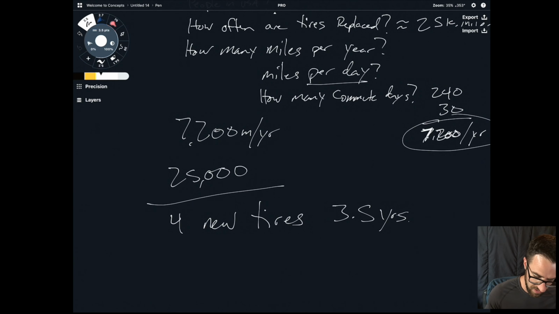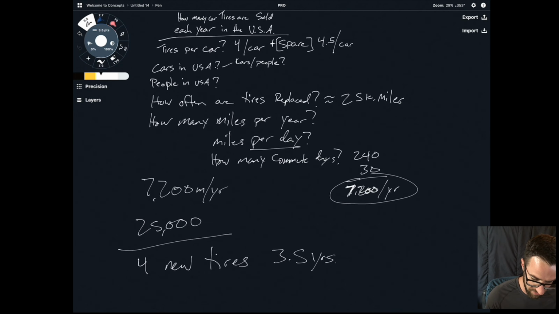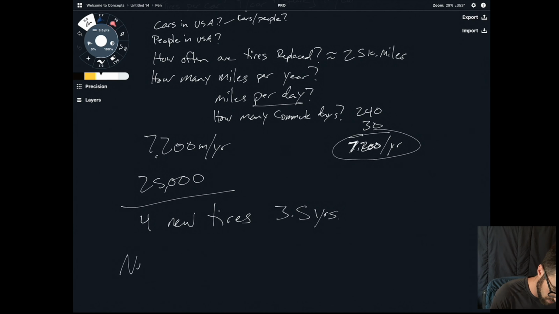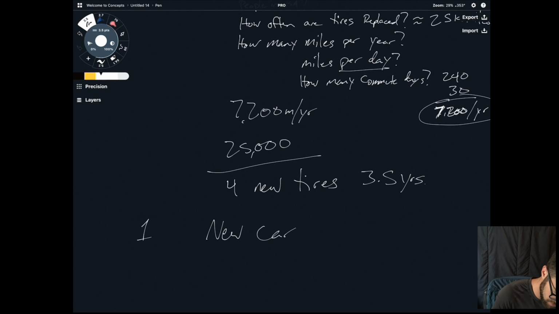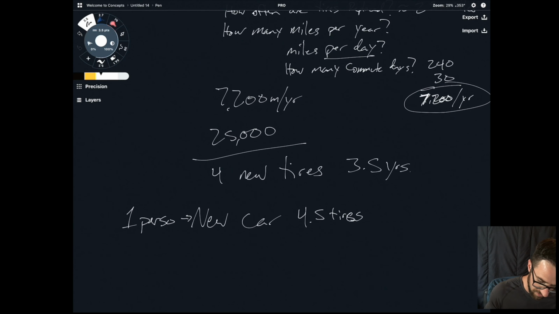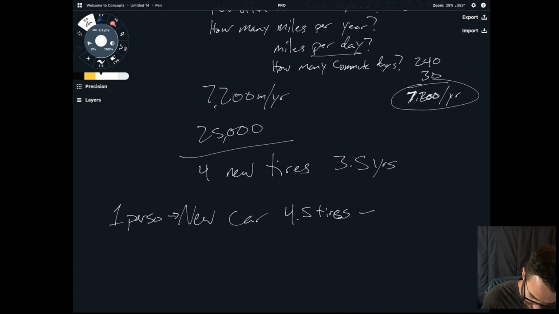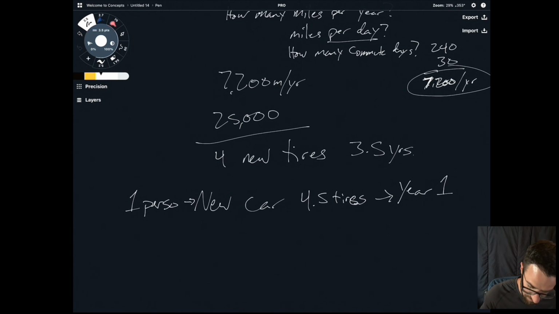Okay, so let's make a summary. With a new car, so this is, let's say, one person. When they get a new car, they get 4.5 tires. Okay, and this is year 1.